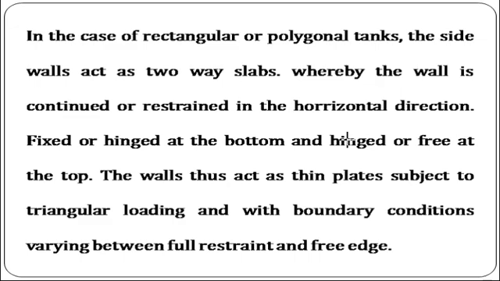We have discussed in the previous lecture that in a rectangular or polygonal tank, the side wall acts as a two-way slab, that is a continuous slab fixed or hinged at the bottom and hinged or free at the top. The wall acts as a thin plate subjected to triangular hydrostatic loading, with a boundary condition varying between full restraint and the free edge.